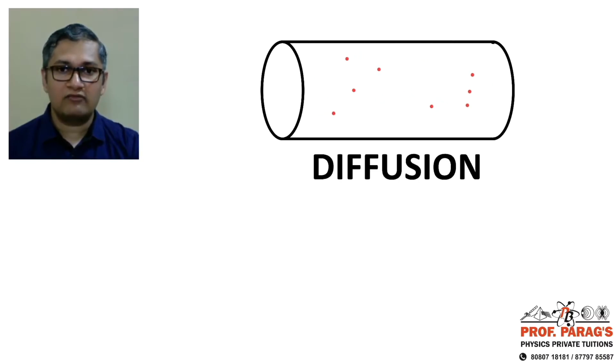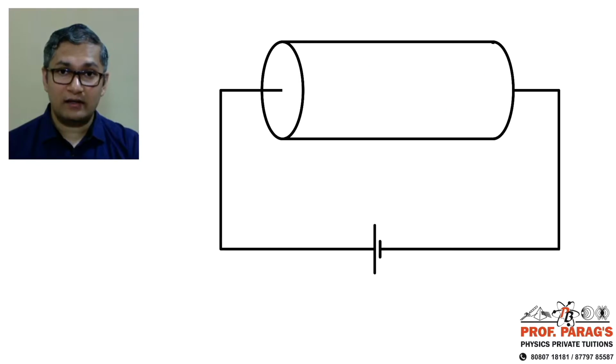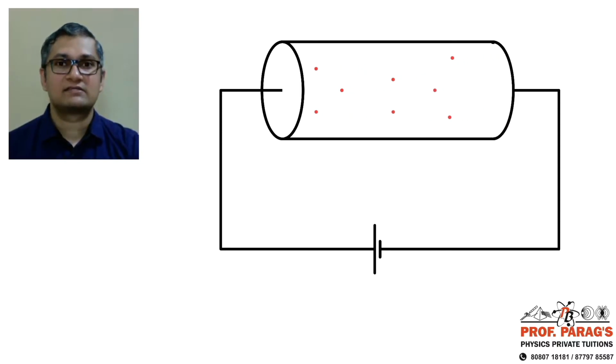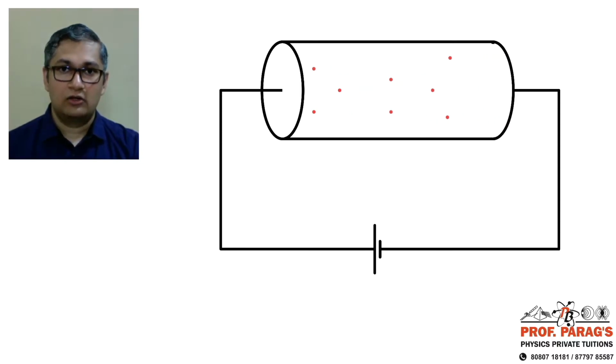But what if I connect a cell now? If I connect a cell, you will notice these electrons will start moving in a fixed direction, and their speed also will increase.